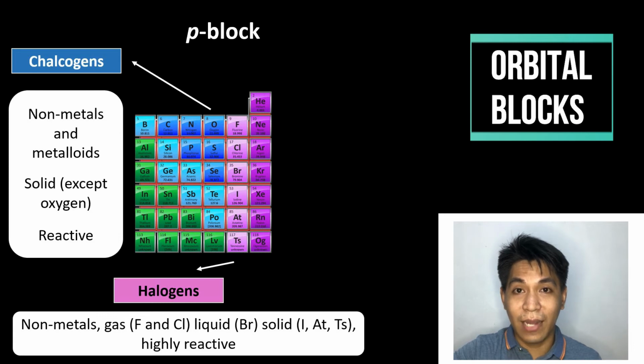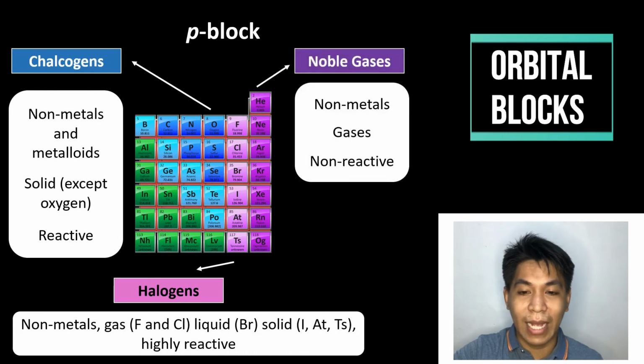Now, of all the elements on the right side of the periodic table, the halogens are the most reactive elements, because the last column, which is called the noble gases, are called inert gases. Now, inert gases means to say they are non-reactive, nonmetals, and they are gaseous at room temperature.